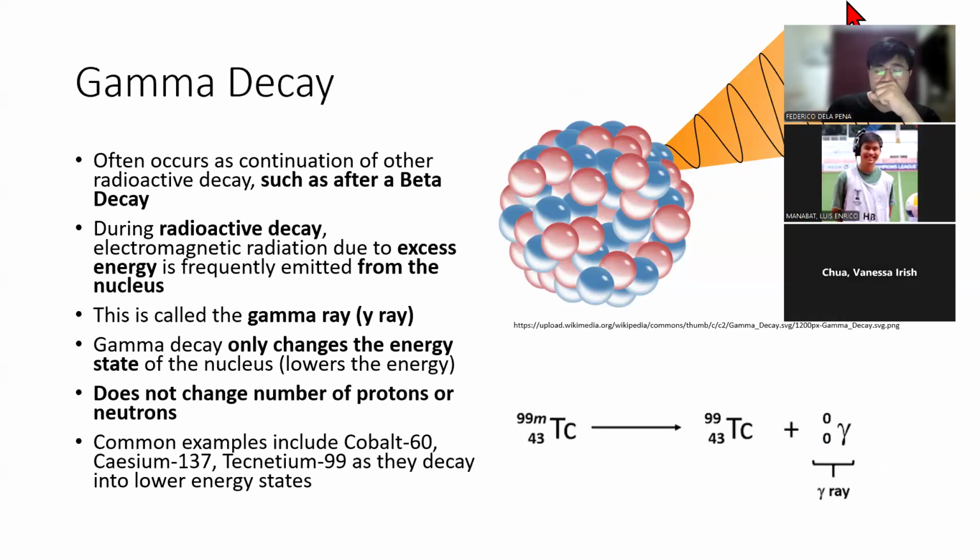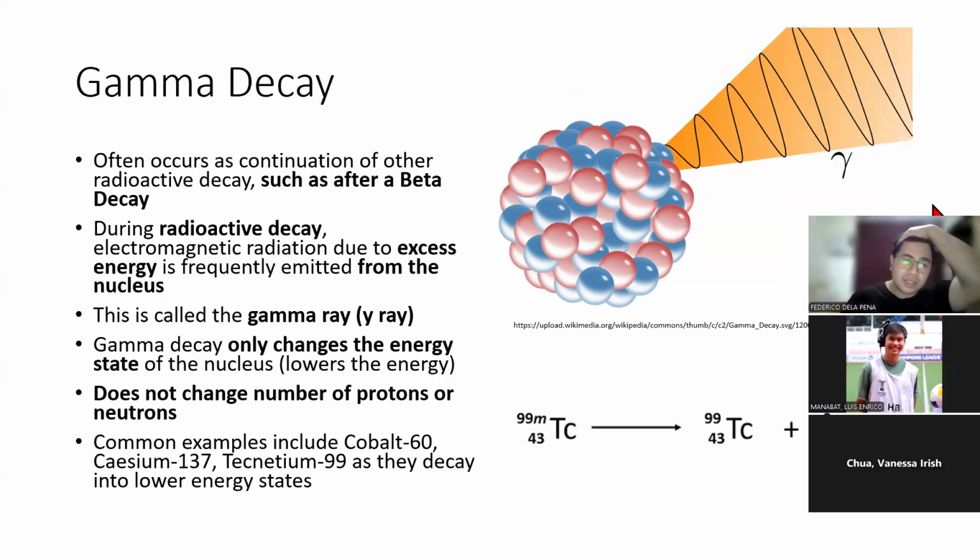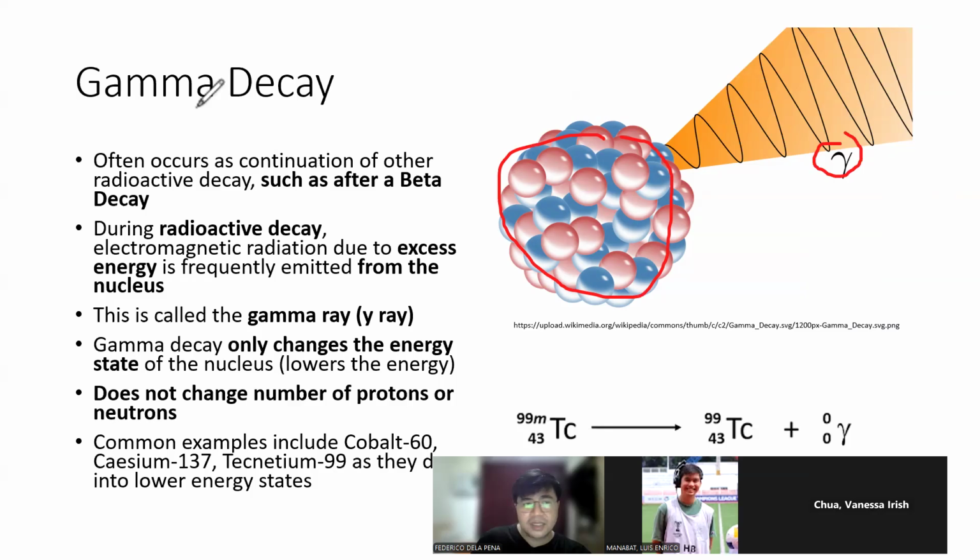So you also have gamma decay. In this one, your atom actually releases gamma rays. It's releasing energy. Gamma decay only involves the release of energy. It doesn't involve any release of particles.